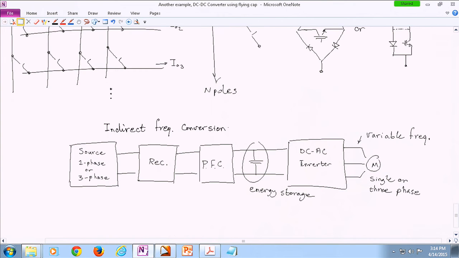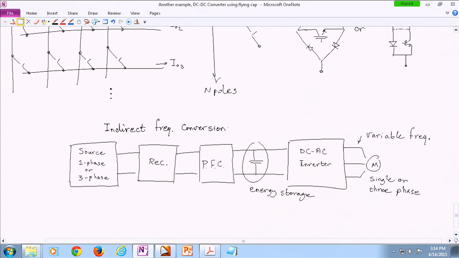The reason that it is called indirect is because it's not direct. And why is it not called direct? Because we haven't talked about direct yet. Basically what you do is convert your entire power from AC to DC, and then invert it back from DC to AC.